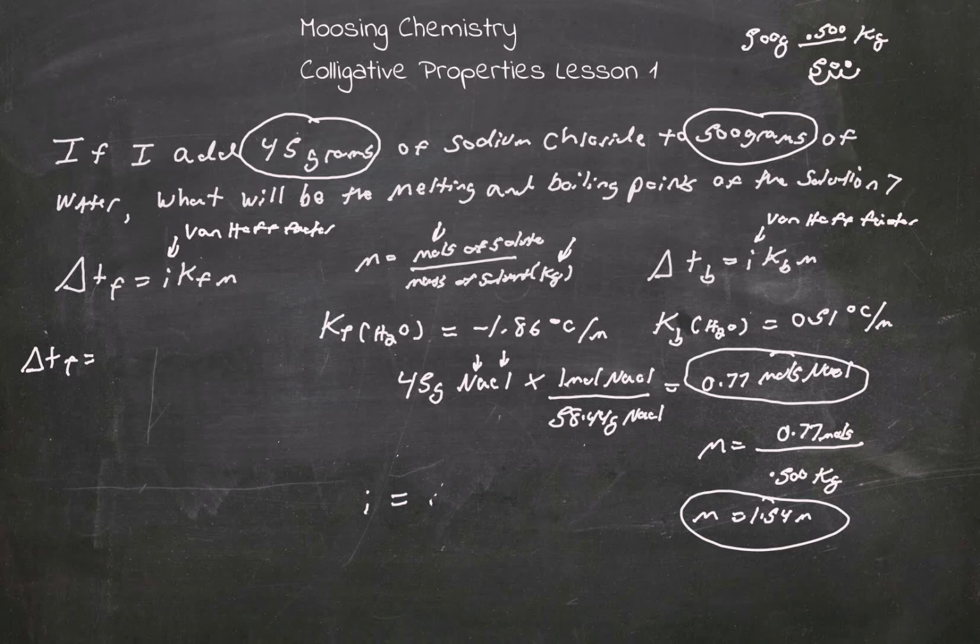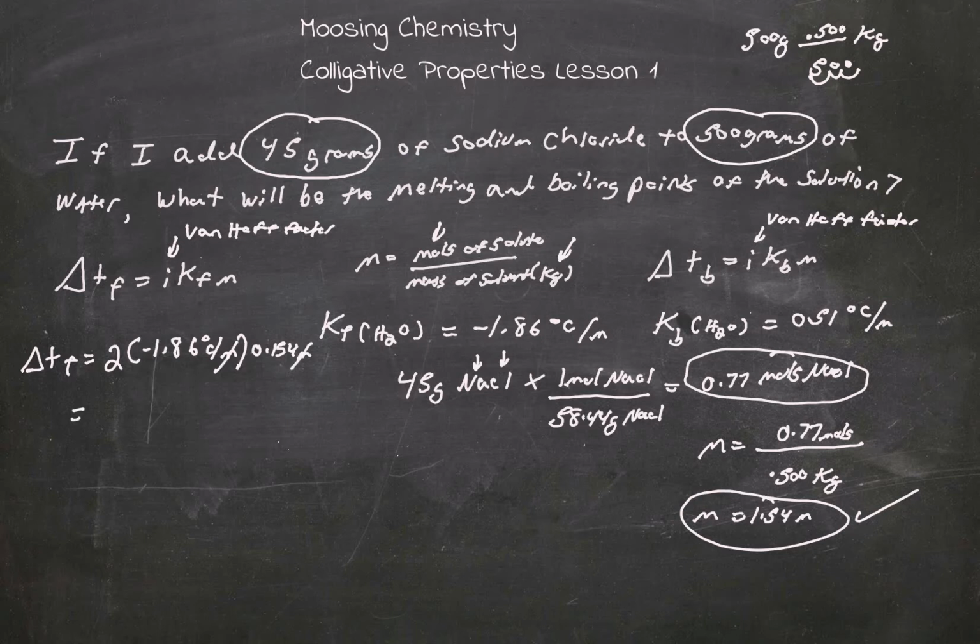Okay, so now all we have to do is plug in the number 2 for our i. Our Kf value is negative 1.86 degrees C over m. Okay, so then we close that right there. And then we put our m value, which we found out to be 0.154. Okay, our m's cancel out.